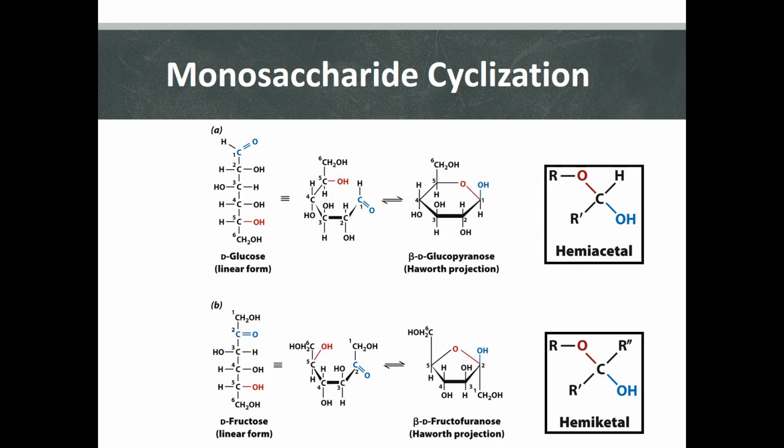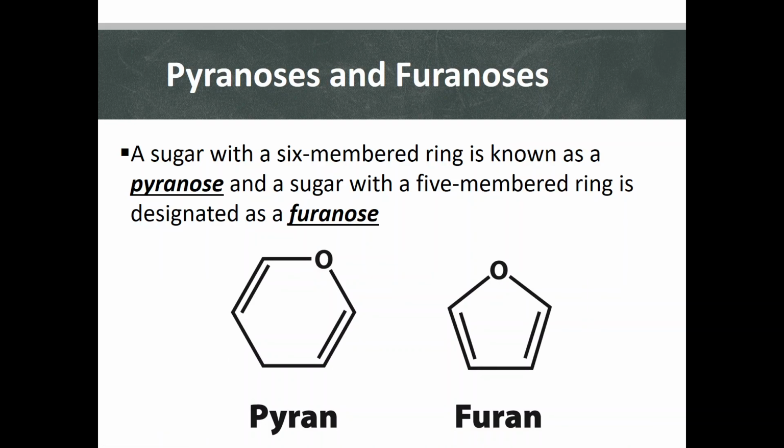So you're going to see that this readily occurs in solution, and that usually you're going to have a mixture that establishes an equilibrium between the two states. I've just introduced this language to you, but to really hammer the idea in, a sugar with a 6-membered ring is known as a pyranose, and a sugar with a 5-membered ring is designated as a furanose.